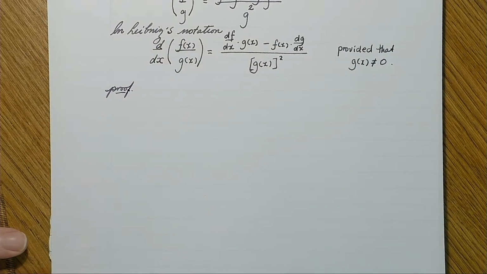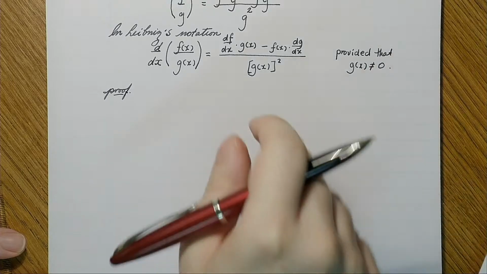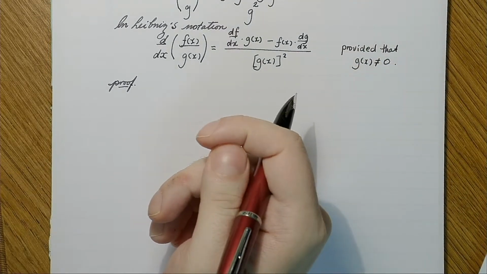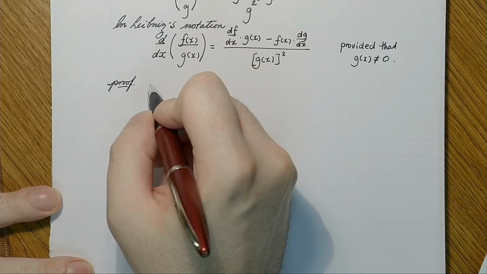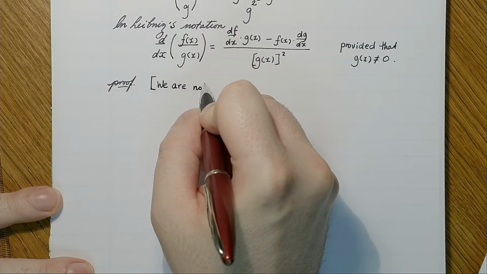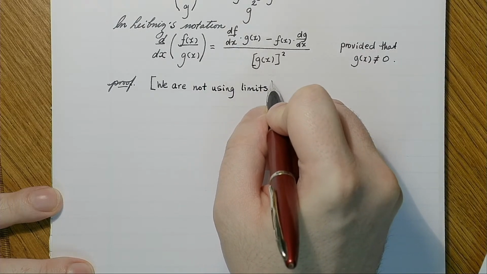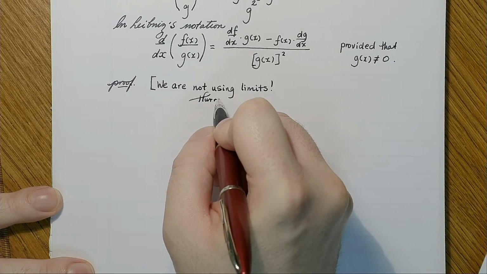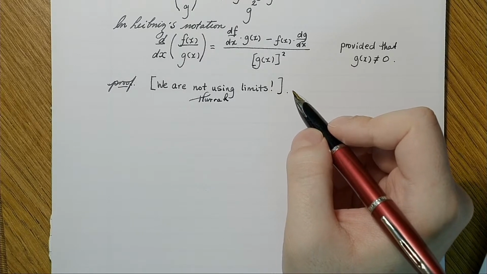And let's do this proof. Oh yeah, this is nice. Why is it nice? Because we're not going to use limits. So hurrah if you didn't like it. Because, again, we've already proved the product rule, which means that we can use it.